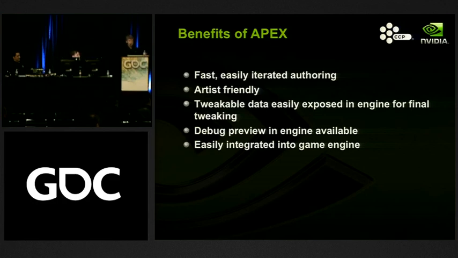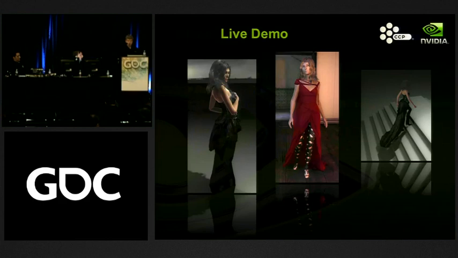And yeah, this was a fairly easy task to integrate into the game engine. It doesn't impose anything particular on you. It fits into normal rendering architectures, and so worked well there. So on to some live demos.